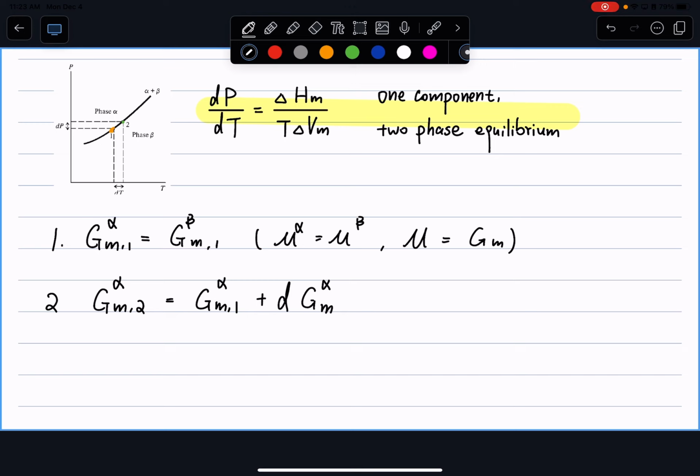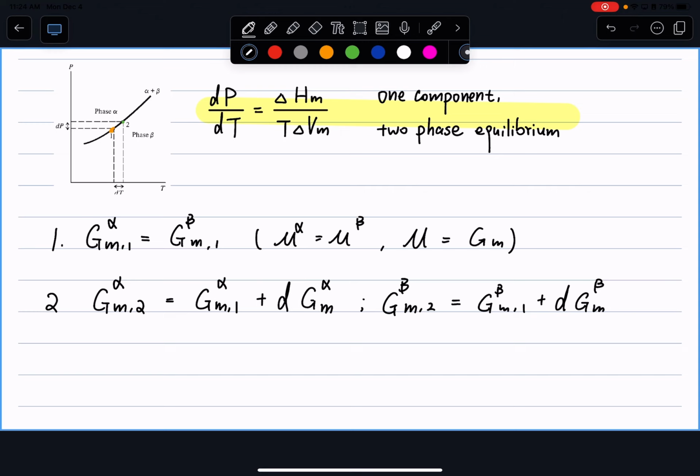And likewise, you can do the same for phase beta. You have the molar Gibbs free energy at point 2 equals the molar Gibbs free energy in phase beta at point 1 plus dGm for your phase beta. Nothing fancy, we're just expressing the chemical potential at point 2 using that infinitesimal change and the molar Gibbs free energy, or chemical potential, at point 1.